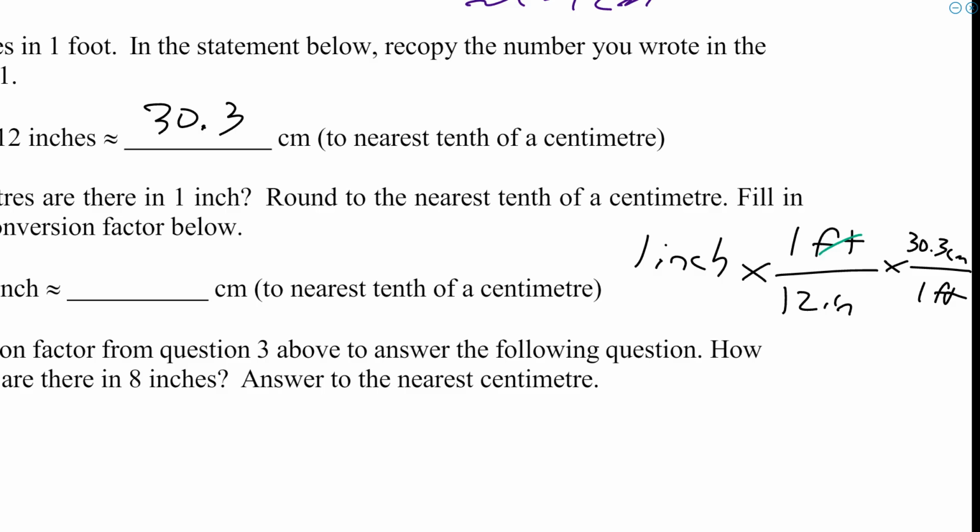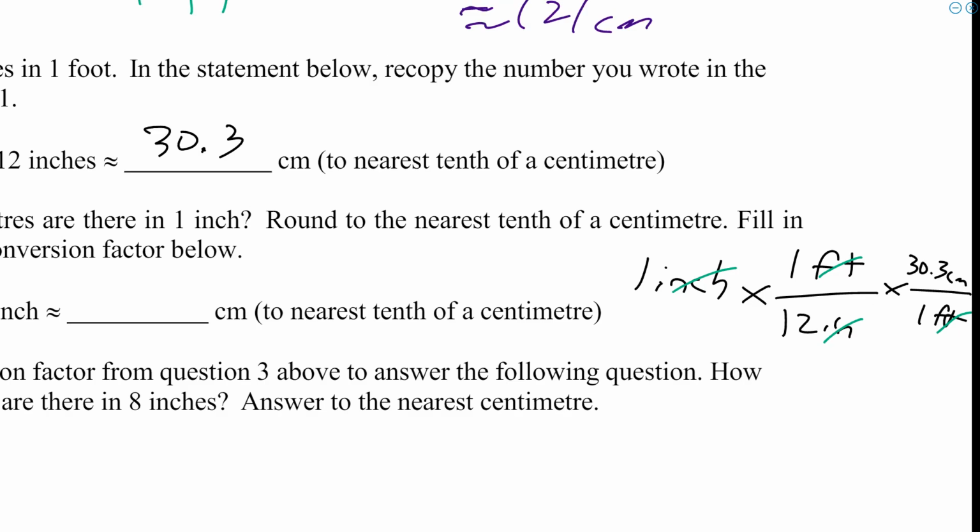So the long and short of what we end up doing is we go 30.3 divided by 12 to figure out how many centimeters per inch. 30.3 divided by 12 will give us how many. So do that. Use the calculator that you grabbed from math class. 30.3 divided by 12.